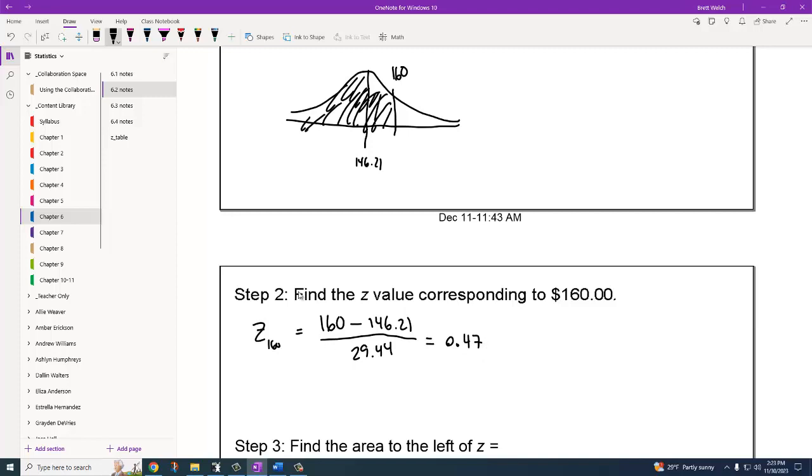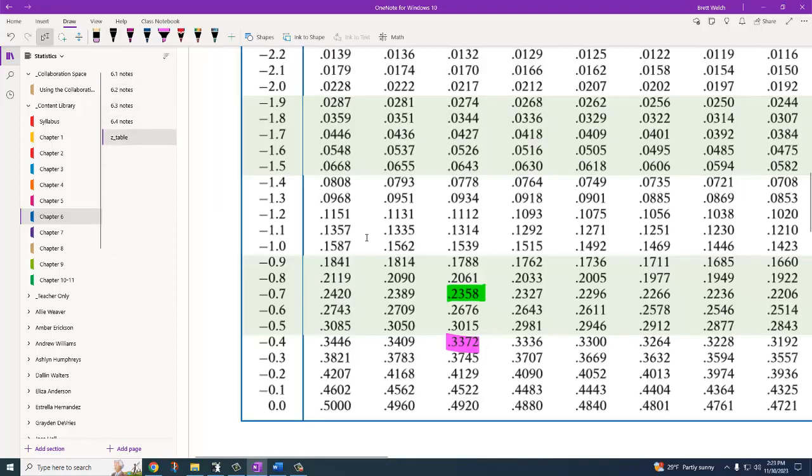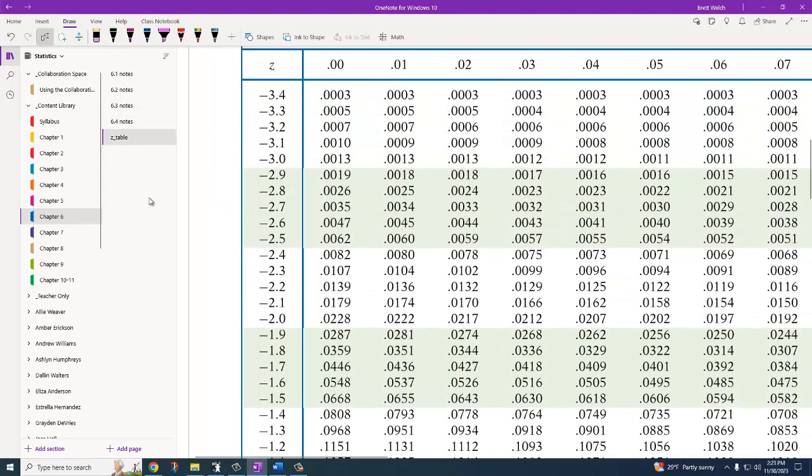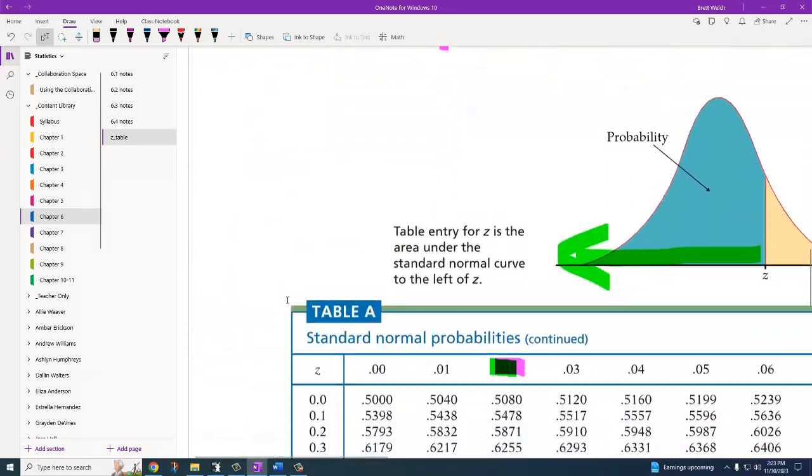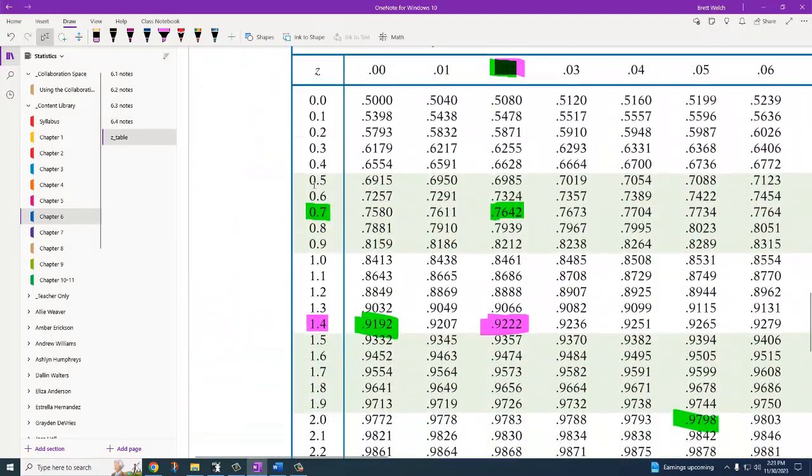So I'm going to take that number and go back to the z table that we used last time. I'm looking for a positive number, so I'm going to come to the positive table. 0.4 is right here. I need to go all the way over to 7, which is unfortunately off the screen somewhere. It's over here. Let's see if we can find that.